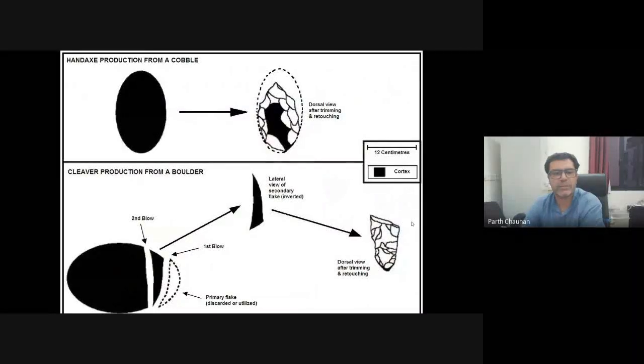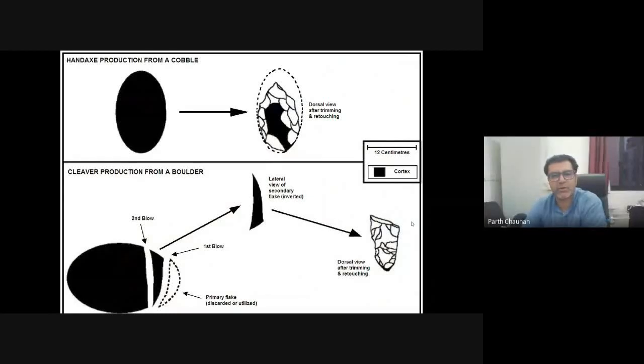And then we have rounded ones. How are they exploited? Just because they're round, does that mean they could not make bifaces? For example, here we have possibilities of how rounded stones could have been used to make Handaxes and cleavers. So it's not that there were always raw material constraints. Sometimes there were knapping strategies or limitations that just modified these typologies a little bit.